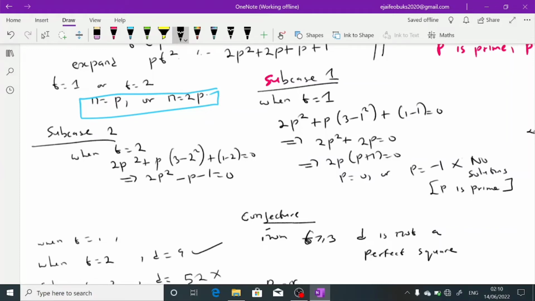Then this, I think you should be factorizing. Factorizing something like p minus 1, 2p plus 1 equals 0. Let me clean this one so we don't have issue.